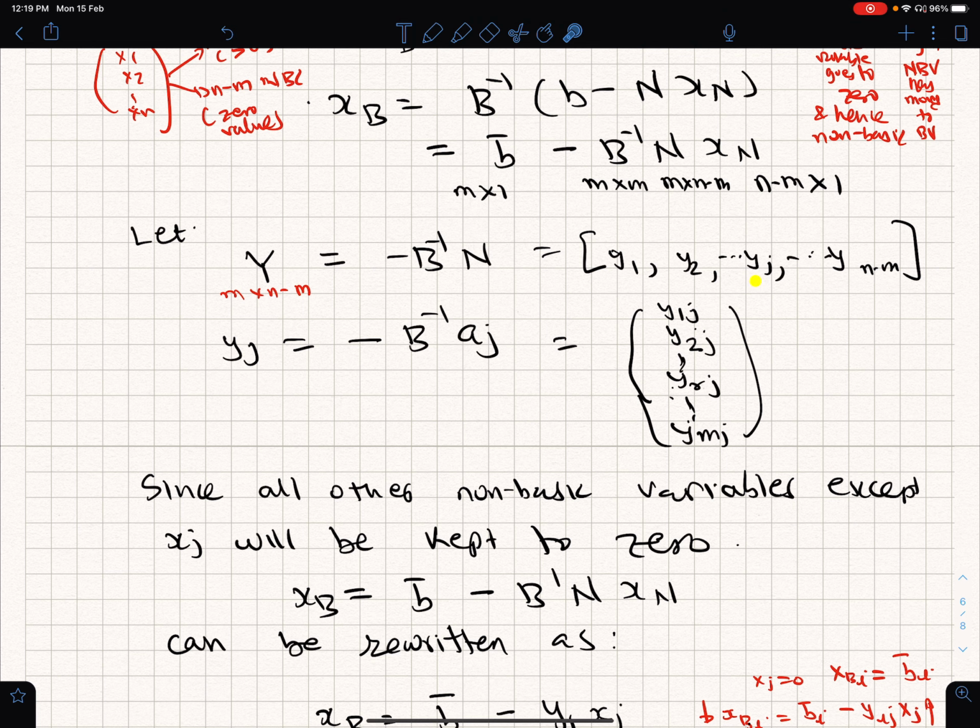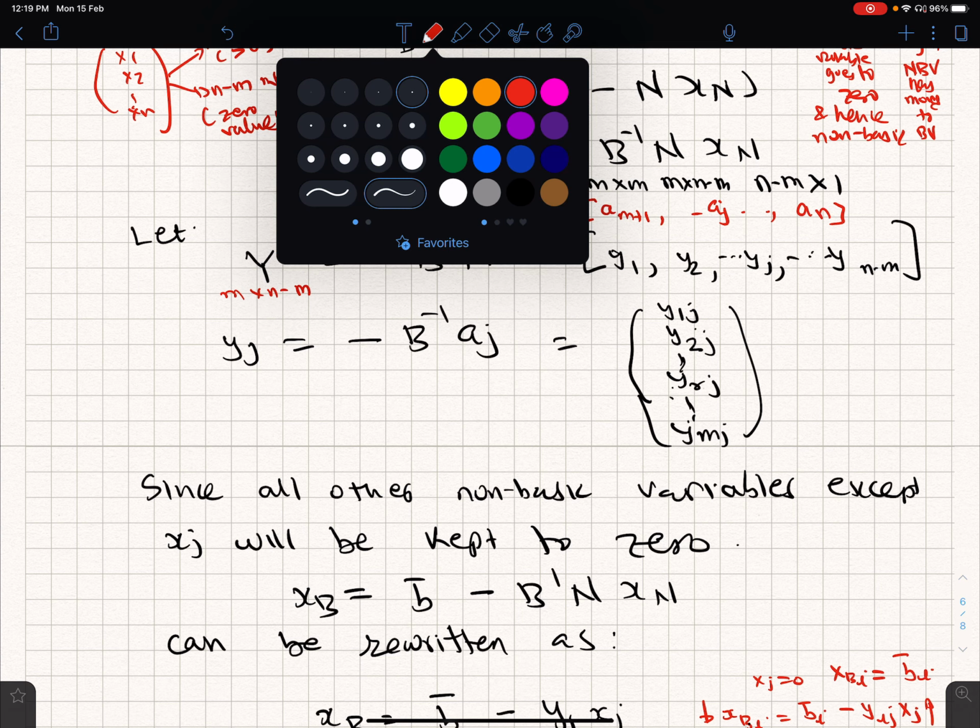So the yj column represents this, minus B inverse aj. What is the N matrix here? I have assumed that the first m are basic variables, so then it will be a(m+1) to an, and somewhere in between sits aj.